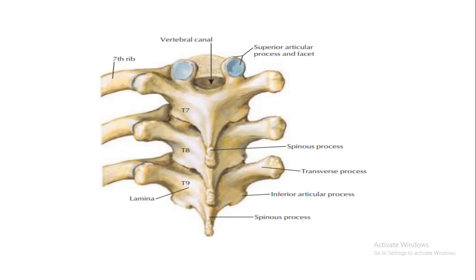Remember that the vertebral column also plays a role in the production of blood cells, because of the presence of bone marrow. But I'm not interested in that, because I'm much interested in how to label.